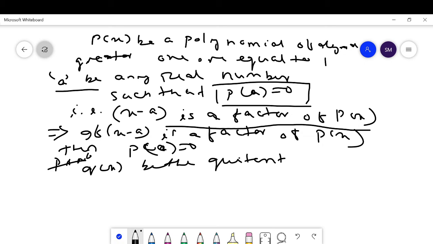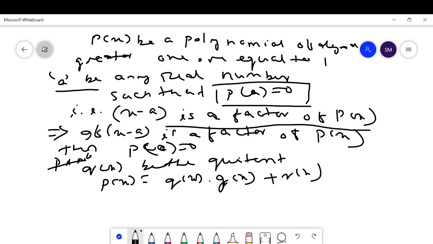According to the division algorithm, P(x) is equal to Q(x) into G(x) plus R(x). Recall the remainder theorem.